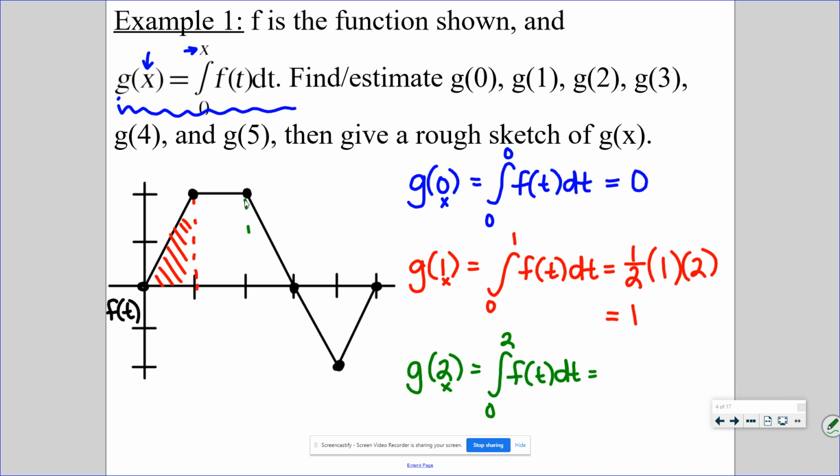So we maybe just want to find the area from 1 to 2, and then we can add that to our total. So this is a rectangle. To find the area from 1 to 2, we would just want to do base times height, which is 2. But we also want to add the area from 0 to 1, which is 1 unit. So this is going to give us a total of 3.